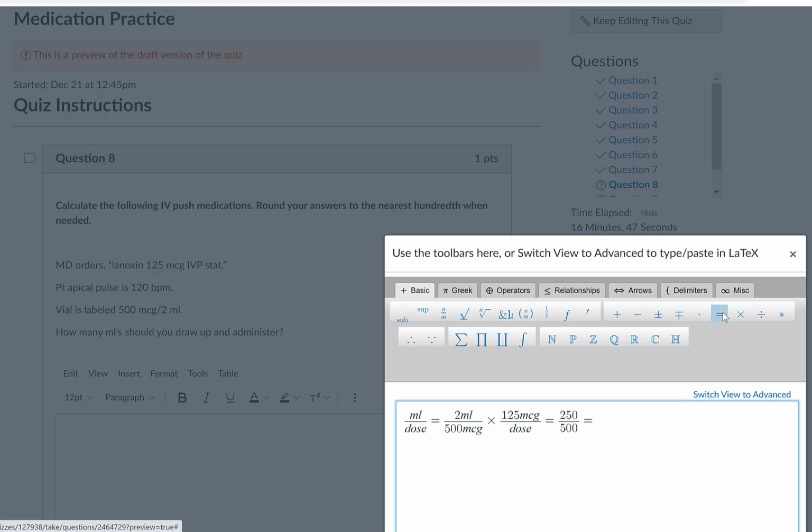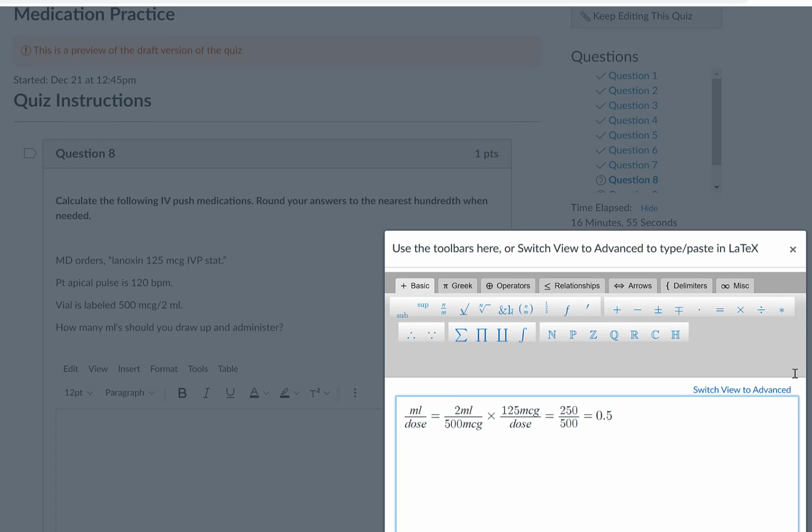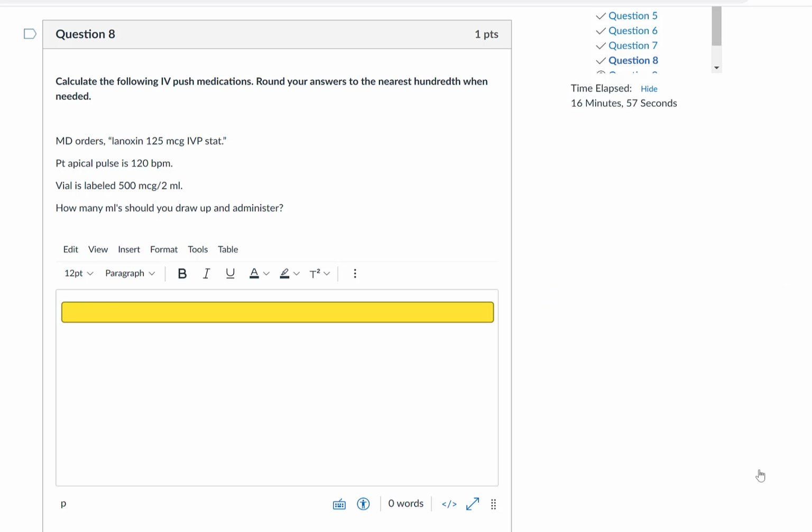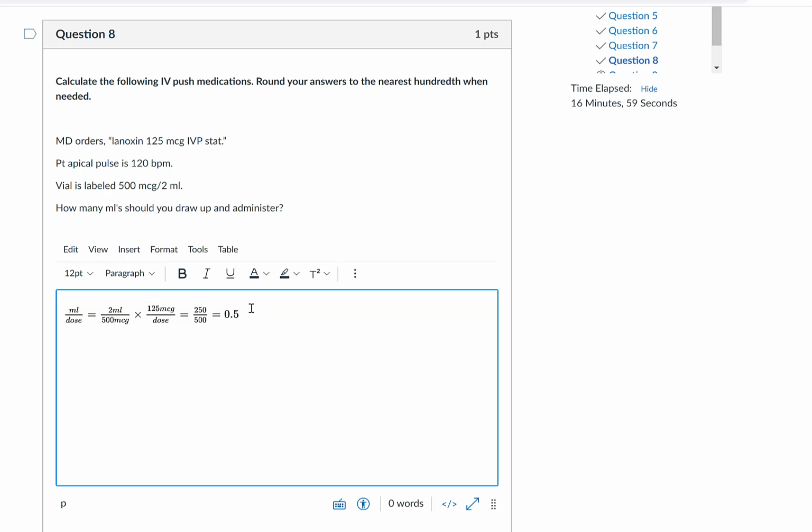So when you do your math, it is 0.5. Now that is the numerical portion of it, so I want to make sure that I insert that equation. And I can put 0.5 mLs.